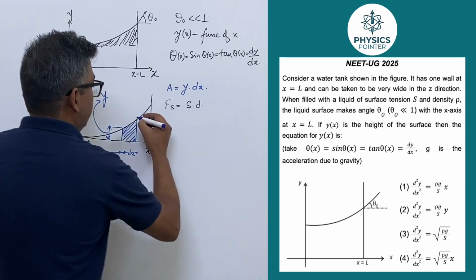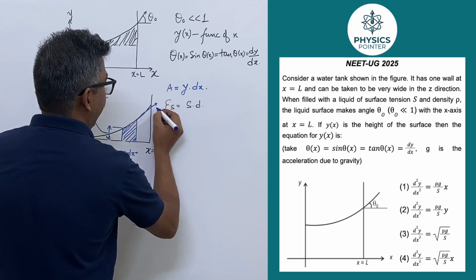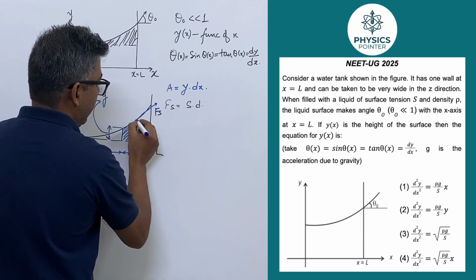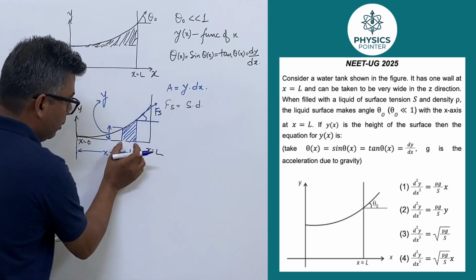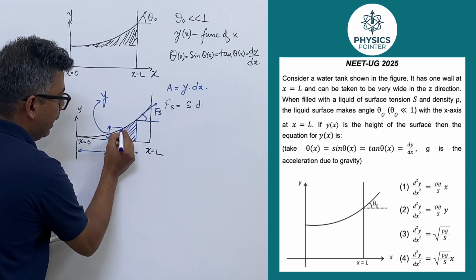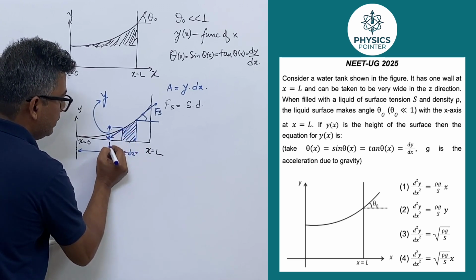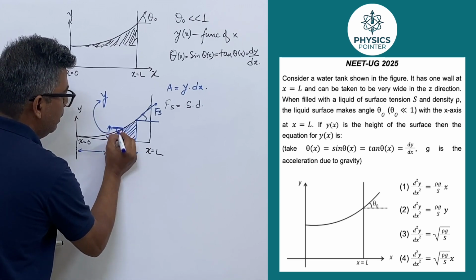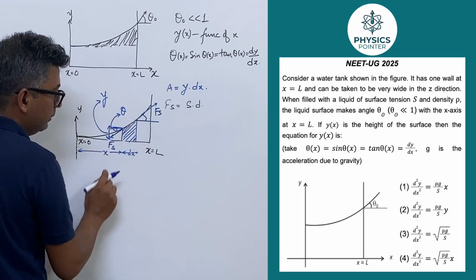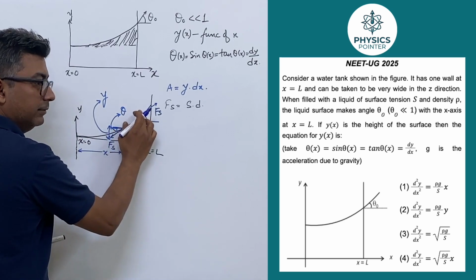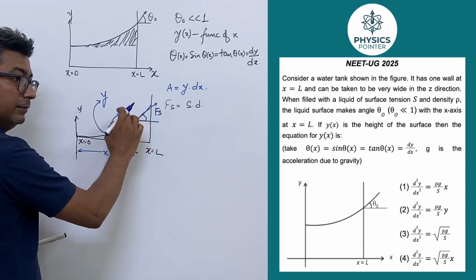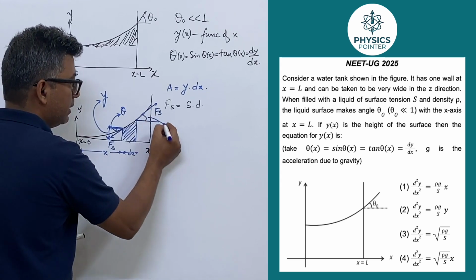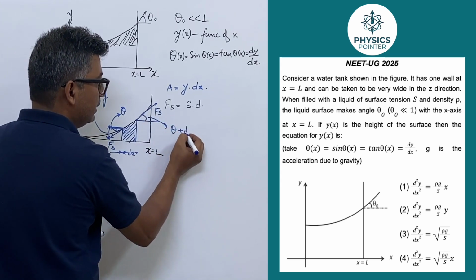So we'll say this is Fs, and at x, what is the angle with the horizontal? This is theta, and there will be a slight addition to the angle because of the curvature. This angle is theta plus d theta.